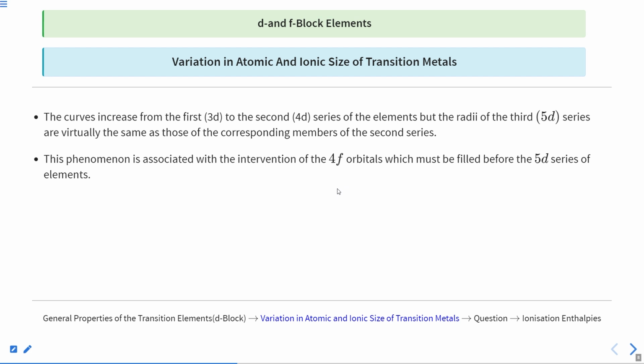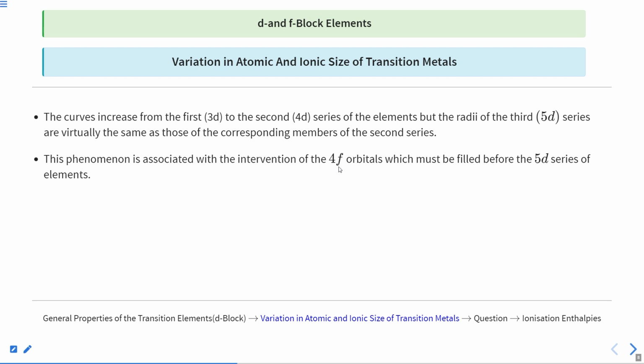And this phenomenon is called lanthanoid contraction, and it is associated with the introduction of the 4f orbitals. So as we move from 4d to 5d, the 4f orbitals are filled first before the 5d.